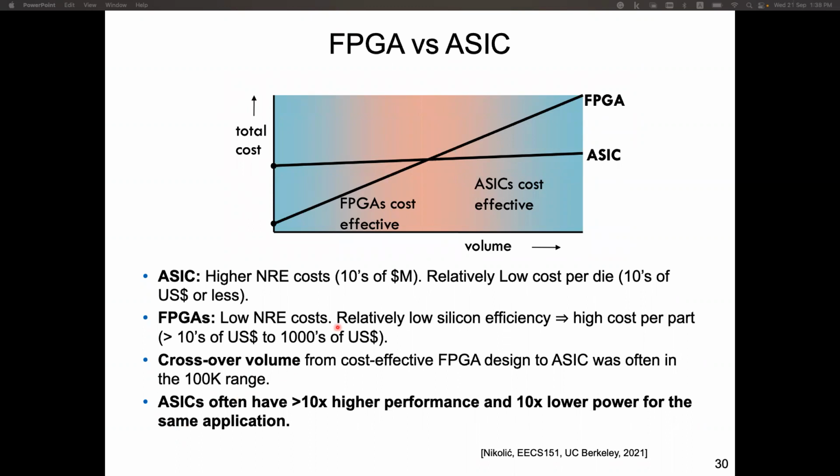And moreover, this is a cost comparison. If we compare the performance, in general, the ASIC is better in terms of speed, performance, and power consumption, because it's customized. So you can get 10 times higher speed than FPGA, 10 times lower power consumption than the FPGA for the same application.